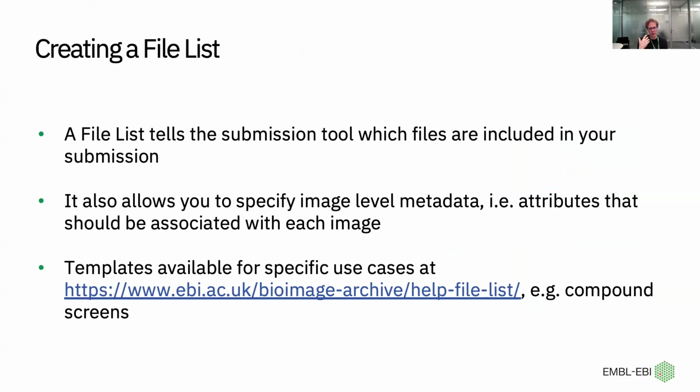For compound screens, it would be chemical compounds; for genetic knockouts, some identifier for the gene, and so on. Because this varies a lot depending on the type of study, we provide guidance and templates rather than specify an exact set of things that must be included. Over time, we're likely to need to introduce more validation, just to make sure that the keys and values are more controlled.